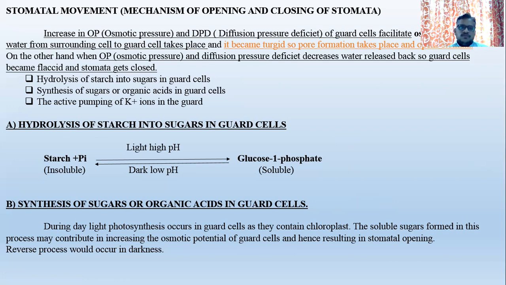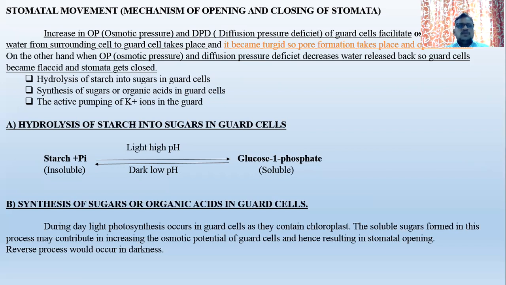Also, when the osmotic pressure increases, the diffusion pressure deficit of the guard cell facilitates the osmotic diffusion of water from surrounding cell to the guard cells, and it becomes turgid. So pore formation takes place and opens the stomata.